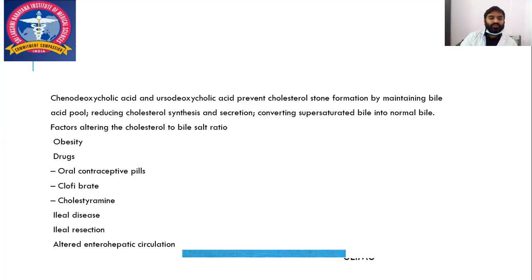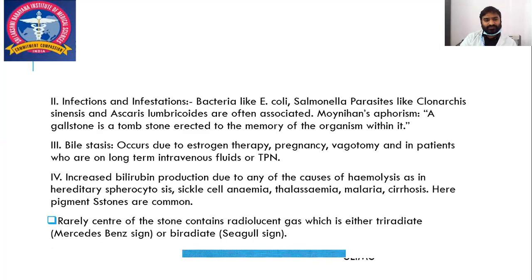Now we will talk about the factors which alter the cholesterol to bile salt ratio. They are obesity, drugs like OCP pills or oral contraceptive pills, clofibrate, cholestyramine, ileal resection, and altered enterohepatic circulation, mostly by ileal resection.